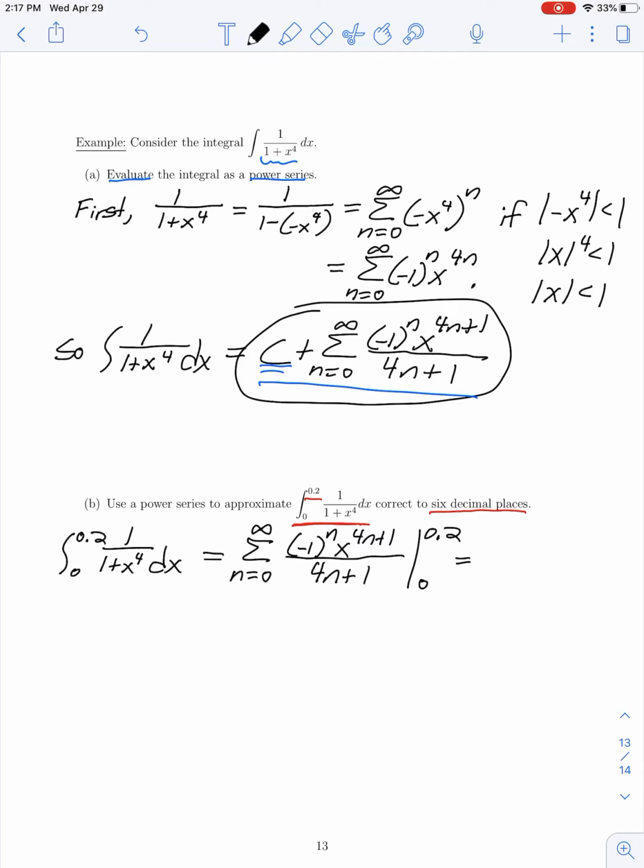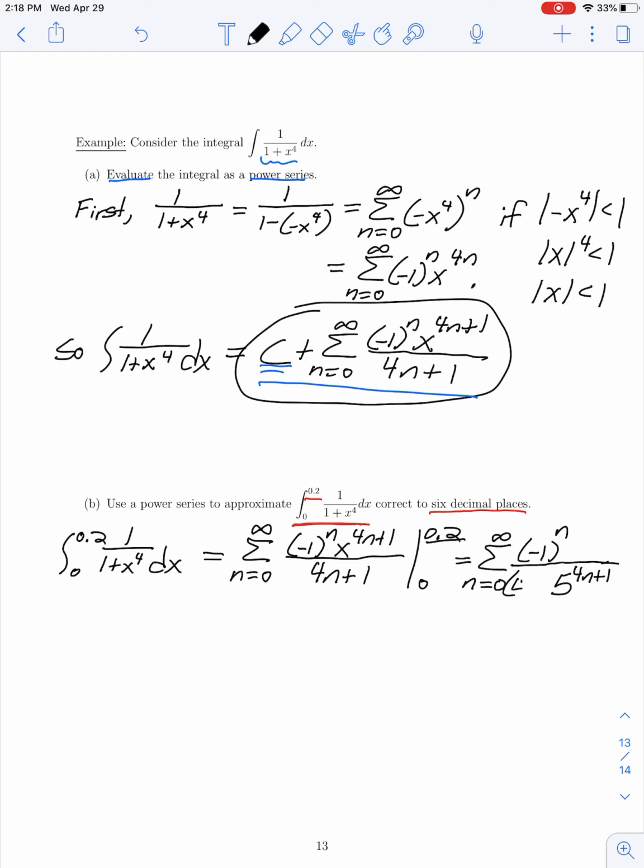So evaluating this at the endpoints, we have the sum from 0 to infinity. And let's see what we get when we plug in our 0.2, or 1/5. For my numerator I would have (-1)^n. If x is 1/5, then I have (1/5)^(4n+1), or I can think about that as division by 5 to the 4n+1 power.